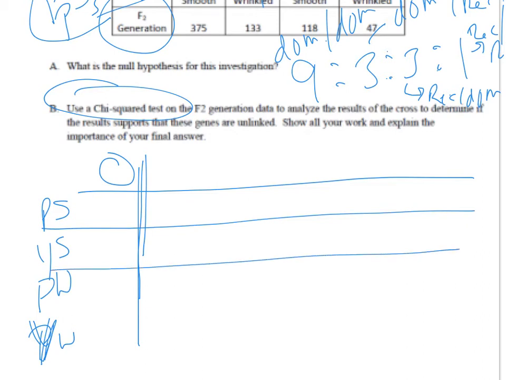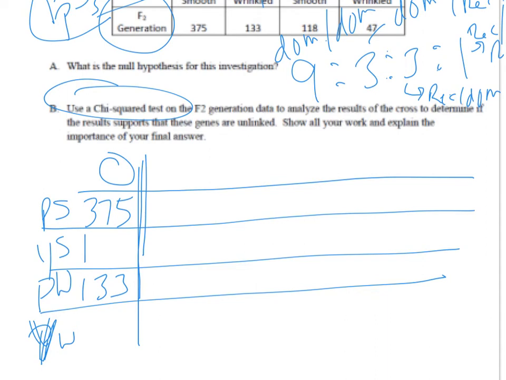Okay, so what I observed is 375 purple and smooth, 133 purple and wrinkled. On yellow and smooth, I have 118, and I observed 47 that are yellow and wrinkled. So these are what I observed.